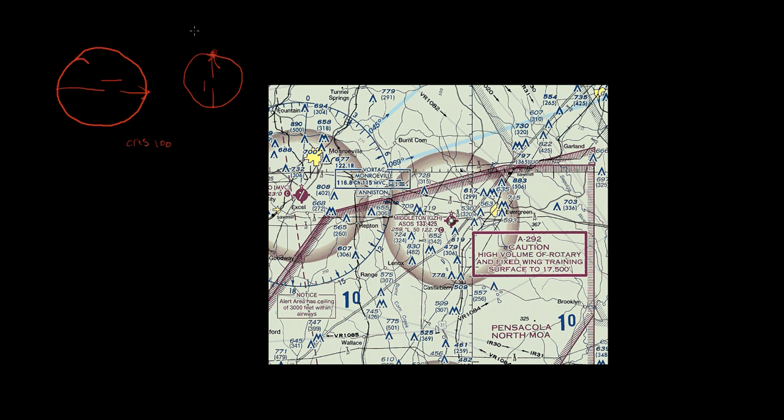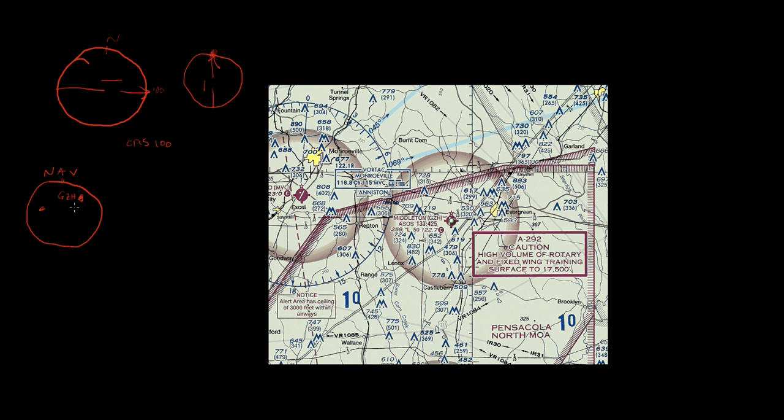Additionally, use your nav display. Get that nav display up. It'll have the little targets for all the different fields. So GZH, let's say, is over here. We're flying this way, and we know GZH is off to our right some, and if that's 100, then we're flying about north, right?